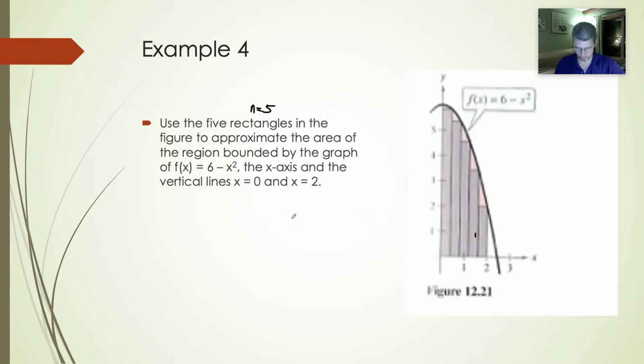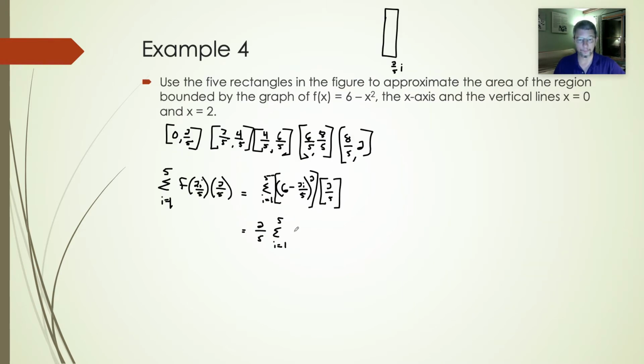I'm going to make this the 6 minus, and then the 2i squared is going to be 4i squared over 5 squared, which is 25. So I'm going to pull out the 4/25 and multiply that by i squared. Okay.